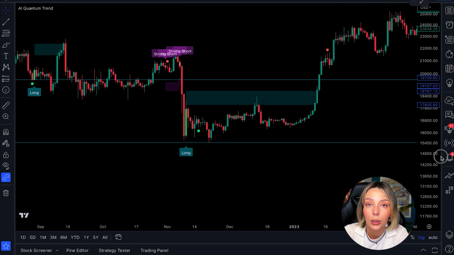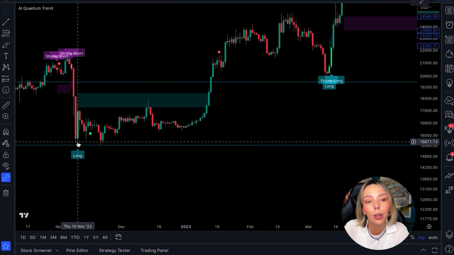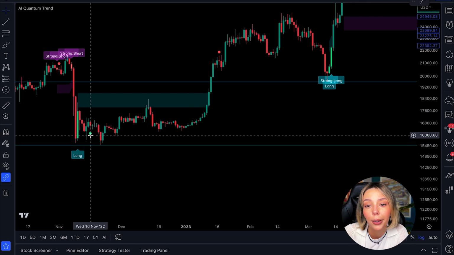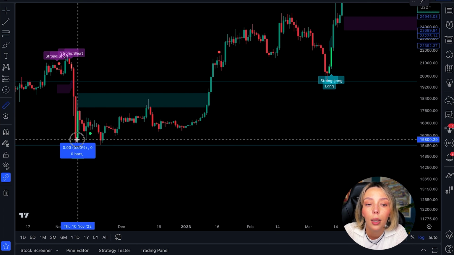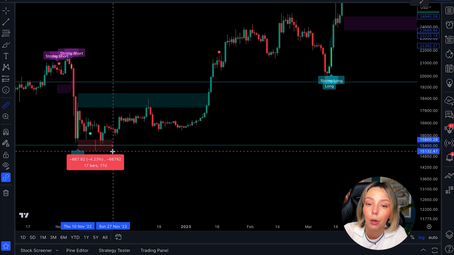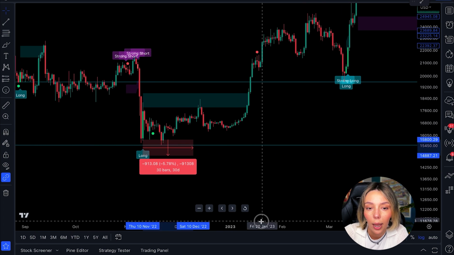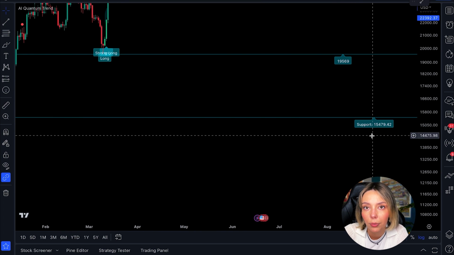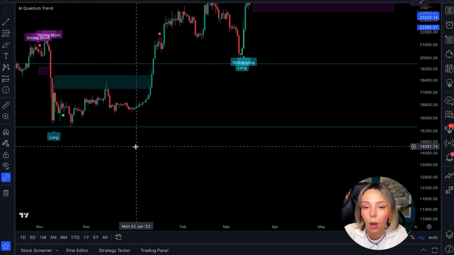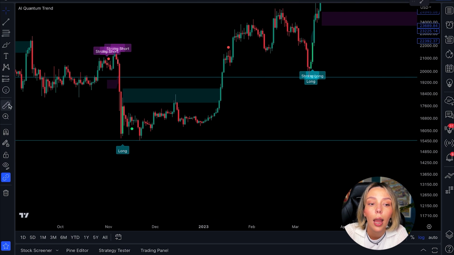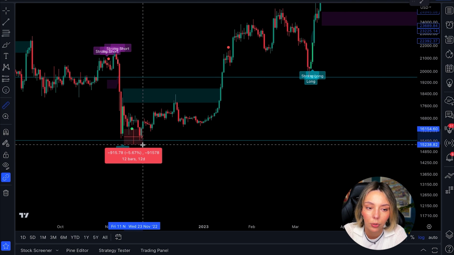Also, friends, see what happened next. We have a long signal, not the strongest signal, not a strong long, but let's see what happens next. Here we start to gain a position and put our stop loss behind our support level, which we automatically have. Here support is $15,479, and given that we are on a daily chart, we can put a stop loss.